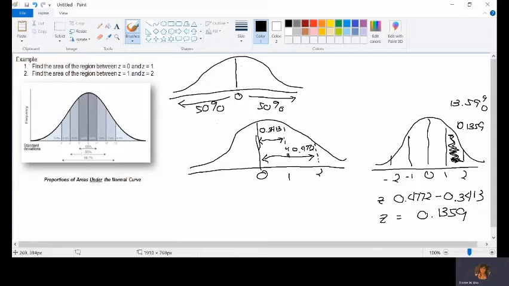So if we're going to find the area from z is equal to negative 1 to z is equal to 1, that will give us 68%. From negative 2 to positive 2, that will give us 95%. And then from negative 3 to positive 3, that will give us 99.7%.